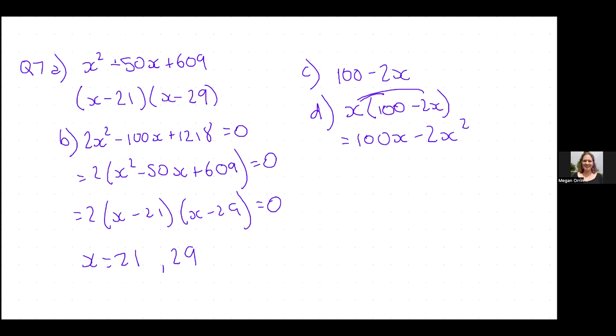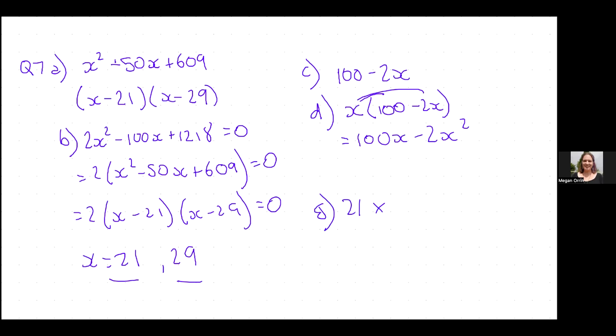So if I want that pen to be exactly 1218 square meters, the area, so I want to know the possible dimensions of x. Well, if this is the length, the width is either that or that. So I've got 21 meters by 100 minus 2 times 21, and that gives us 58.